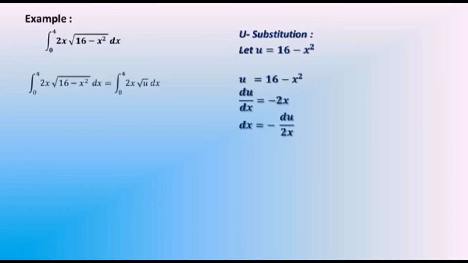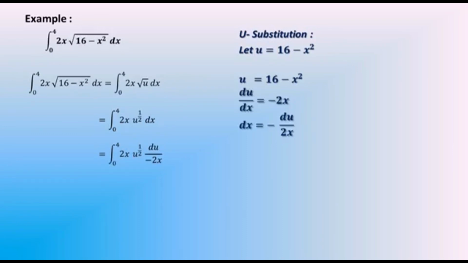Dan kita gantikan terus 16 tolak x square dengan u. Dan kita tukarkan square root of u kepada u to the power of 1/2. Kemudian kita tukarkan dx pada jawapan dx tadi, iaitu dx sama dengan negative du over 2x.